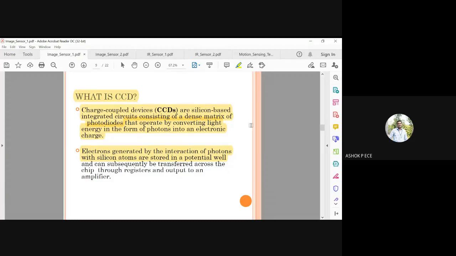Potential well means it will be like a tub where the electrons will be stored, and they can be transferred through resistors and output to amplifiers. So you can serially transfer all the electrons from one well to another well by applying proper signals. So that is what is charge coupled. Coupled means the electrons are coupled from one well to another using the appropriate signal.